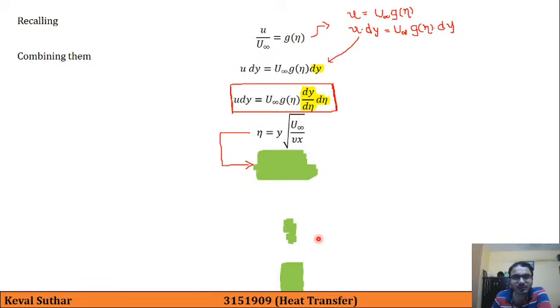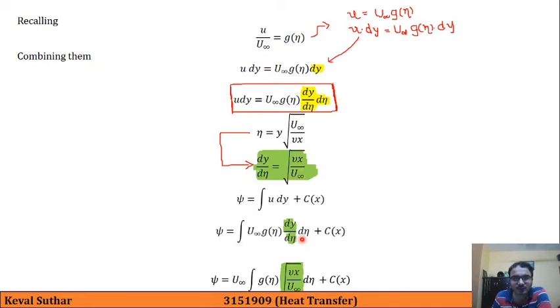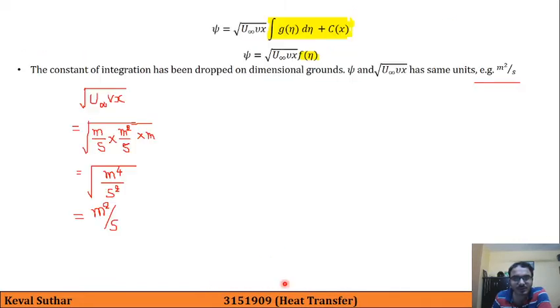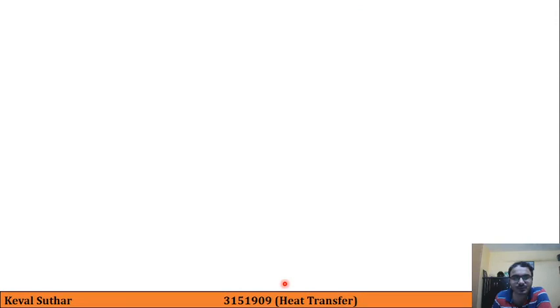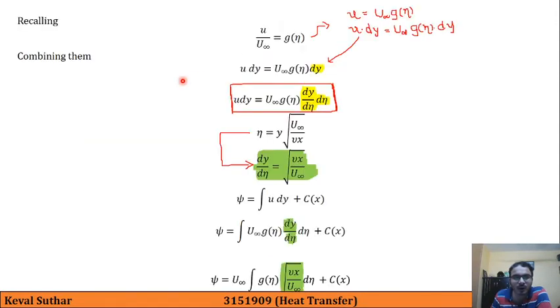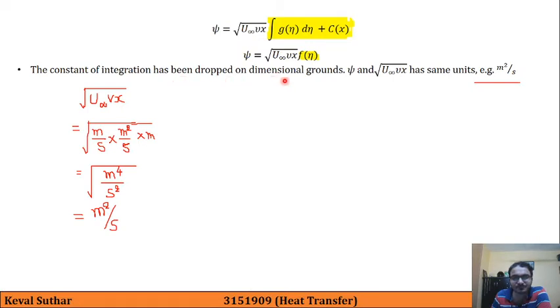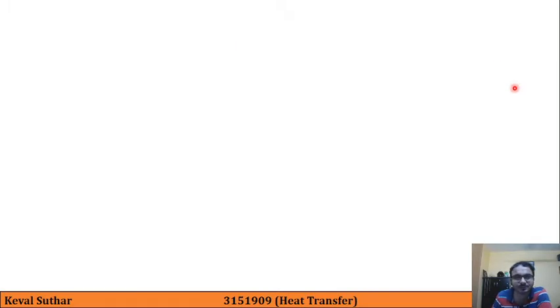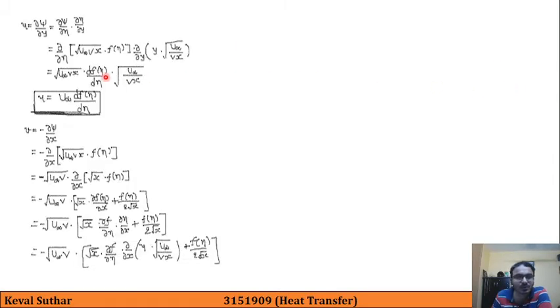And then with mathematical formulations we can obtain the value of psi, that is stream function. So psi, that is stream function, is having unit of meter square per second. Then we did some basic differential formulations to obtain the value of u and v one by one.